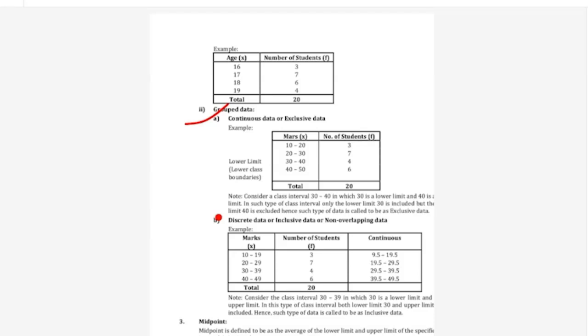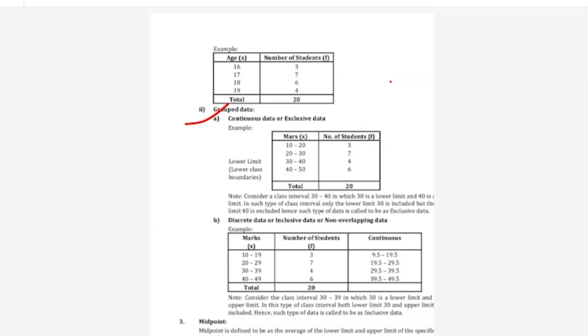Now, with respect to the examples of continuous data, you are being shown the marks of a student. The marks scored by a student are given as 10 to 20, 20 to 30, 30 to 40, and 40 to 50.